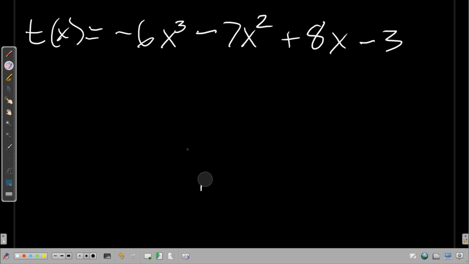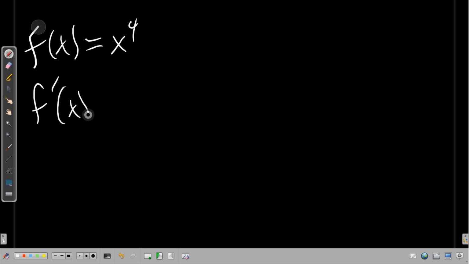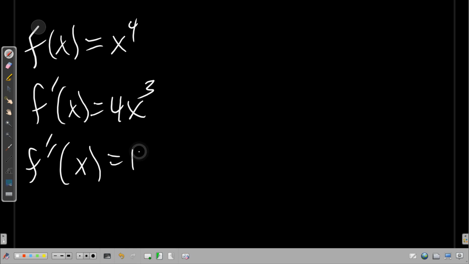Let's check that real quick. Does x to the 4th have an inflection point? If f of x was x to the 4th, then f prime would be 4x cubed, and f double prime is 12x squared. So clearly when x is 0, we get f double prime being 0.